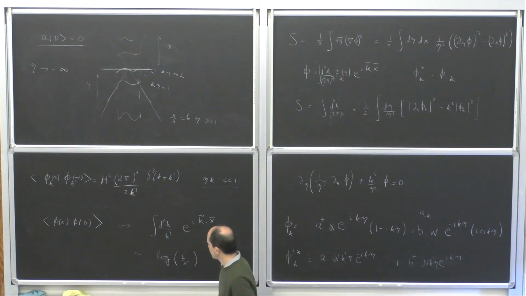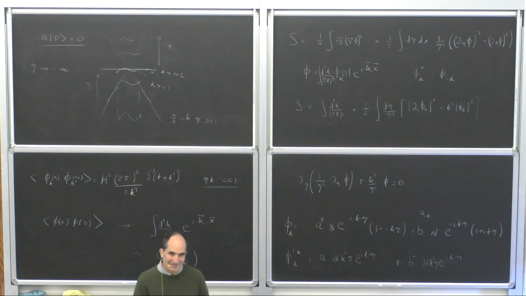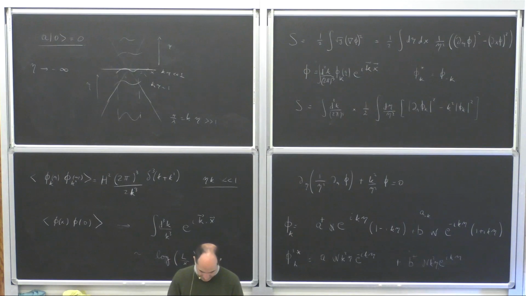Okay, so we could regulate the divergence. We could add a little mass to the field, or, depending on the precise physical situation, we will deal with this divergence in different ways. In the problem we are interested in, this divergence will not be physical.